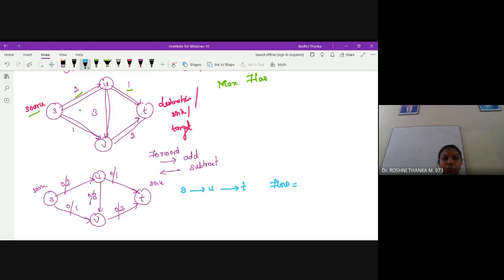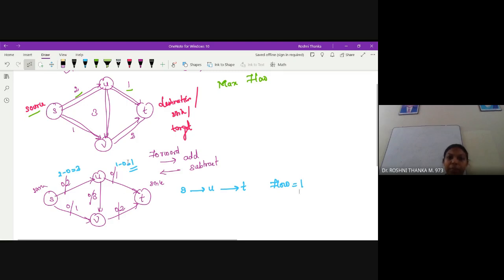How you have to find it is, say for example, you do 2 minus 0, which is equal to 2, and 1 minus 0, which is equal to 1, which means its capacity. Among these two, the minimum value is 1. This is the flow, which means if I send one volume of data, I can send it through both the paths.